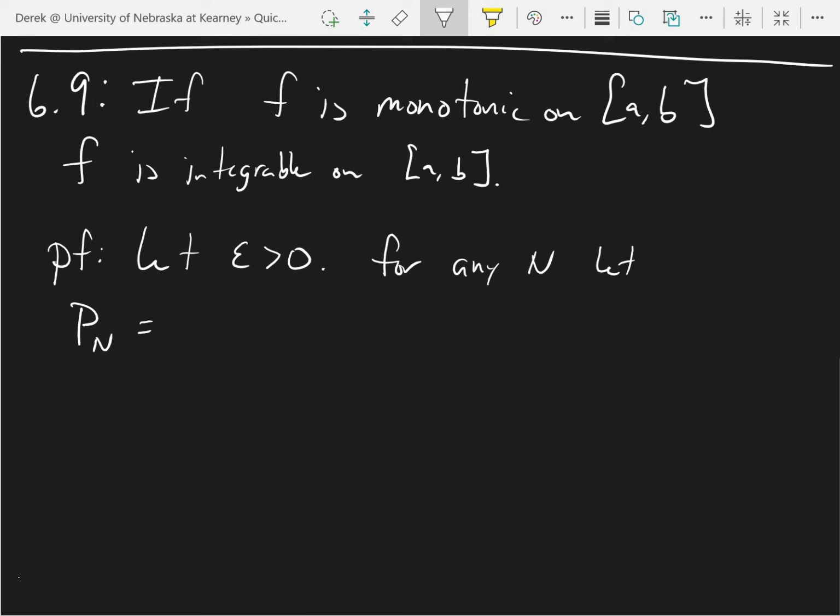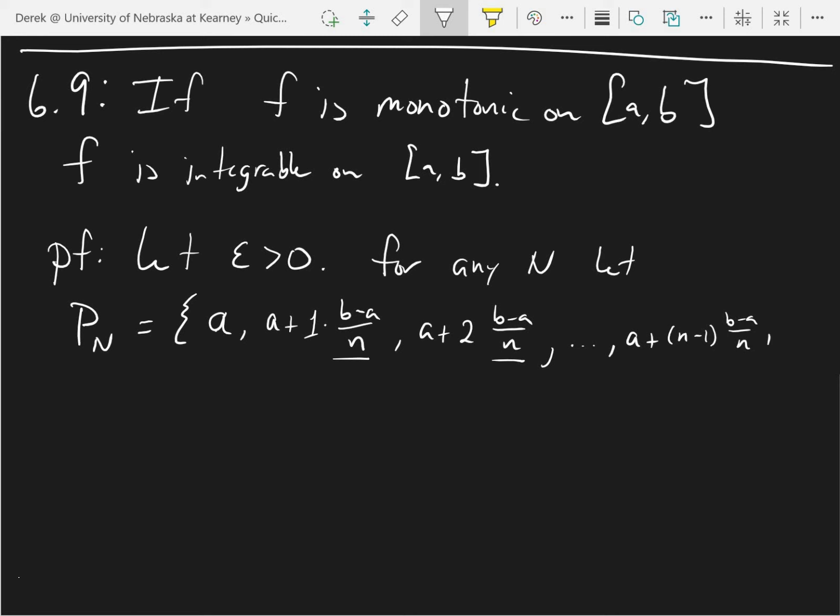So I'm going to choose a, then a plus 1 times (b minus a) over n, and then a plus 2 times (b minus a) over n, and so on, up to a plus (n minus 1) times (b minus a) over n, and then b.